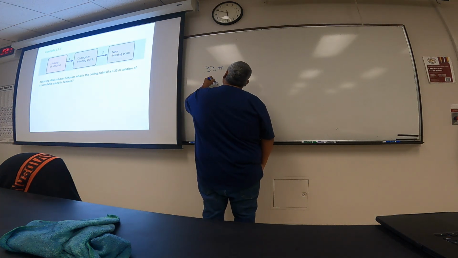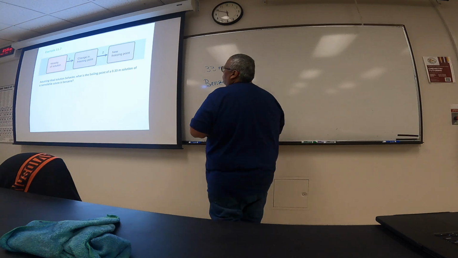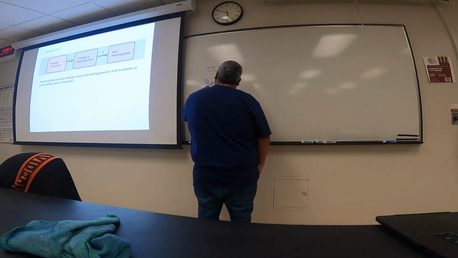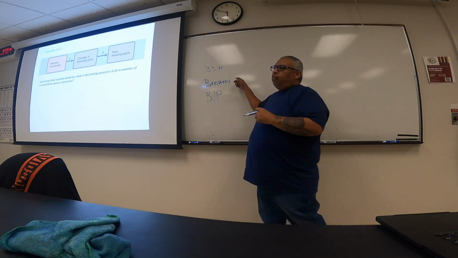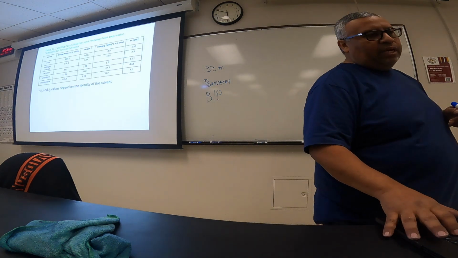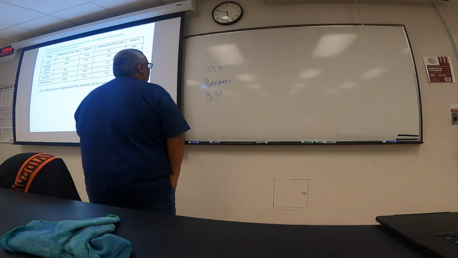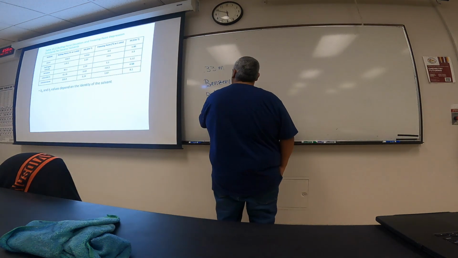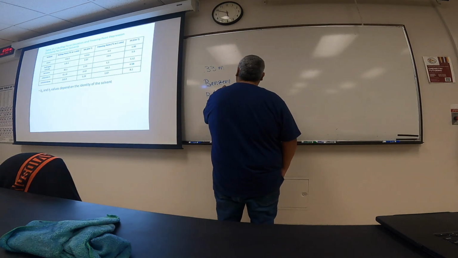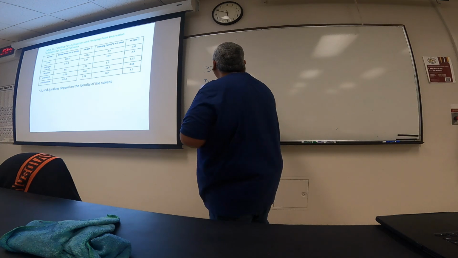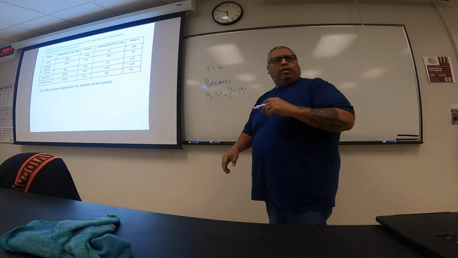All right, so let's look at benzene, and we're looking at the boiling point of benzene. So we're going to go over to this table here. Hopefully benzene is there. Yes, benzene is there. And what is the boiling point of benzene? 80.1 degrees Celsius.